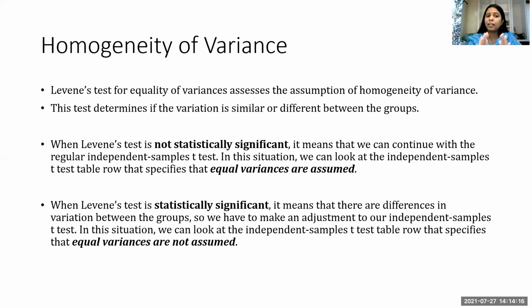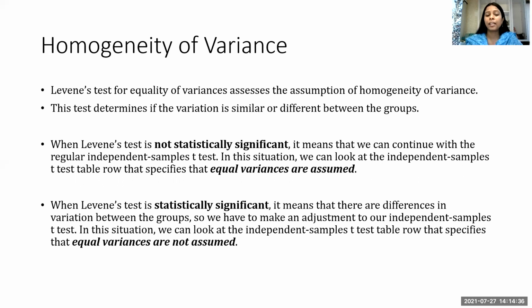Please kindly understand when you have to see equal variances assumed and when you need to see equal variances not assumed. Once we do the analysis in SPSS software, we will look at that particular table again and understand this concept in a better way.